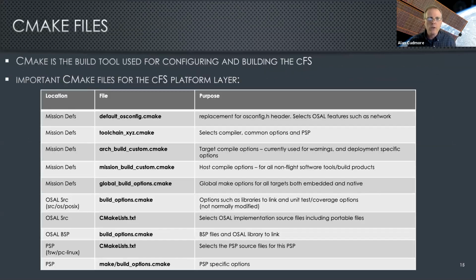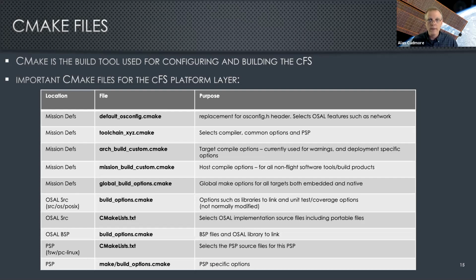So another big change from the early versions of the OSAL and PSP is the use of CMAKE as a build system. The following table is a list of important CMAKE files in the platform layer. In the interest of time, I'm not going to go through these. I'm just going to point out that a lot of the important CMAKE files here are actually not buried down in the OSAL and PSP directories.